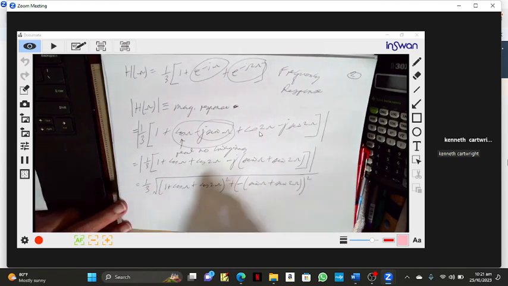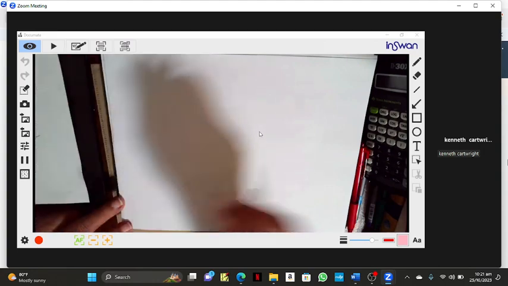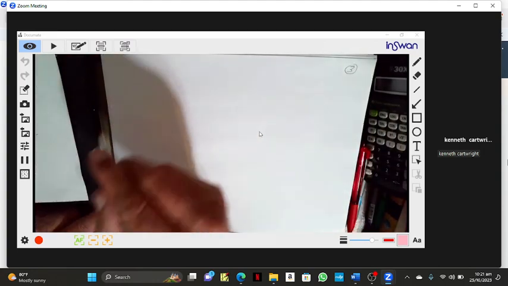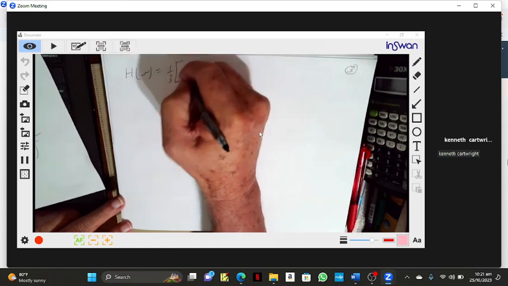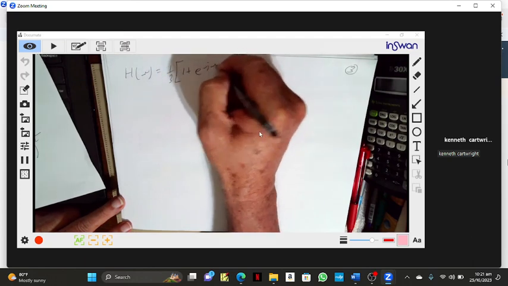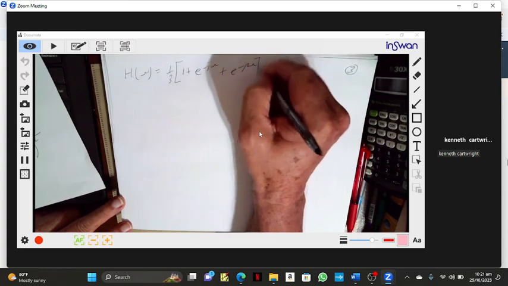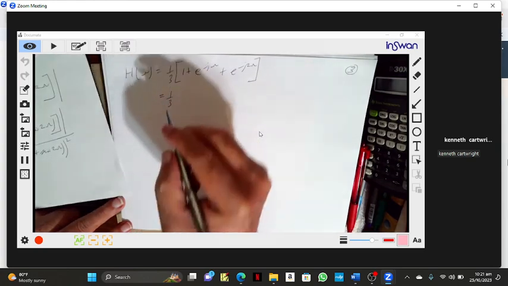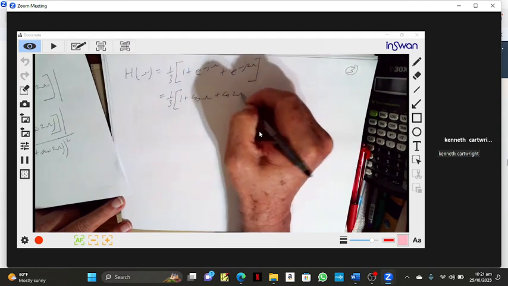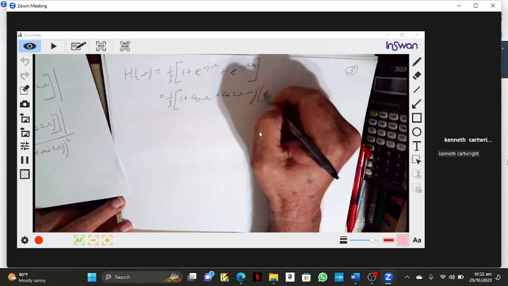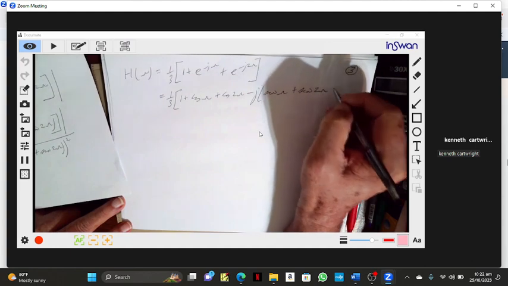Now it's the phase response. I'm going to the next slide. As a reminder, H of omega is 1/3 times 1 plus e to the minus j omega plus e to the minus j 2 omega, and we discovered that is one third of 1 plus cosine omega plus cosine 2 omega minus j sine omega plus sine 2 omega.